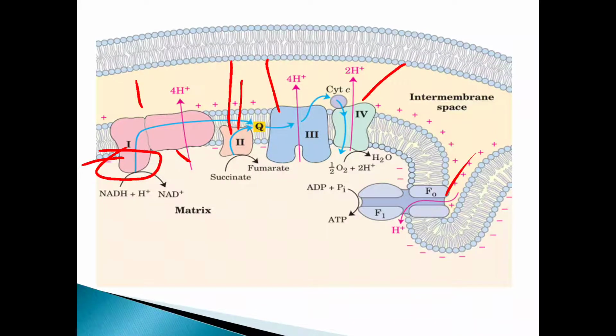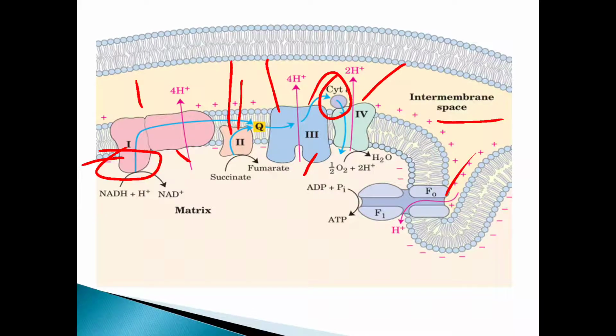And the third complex is the cytochrome B and C complex. Here the cytochrome C is located above the 4th complex, and it is facing towards the intermembrane space region of the mitochondria.